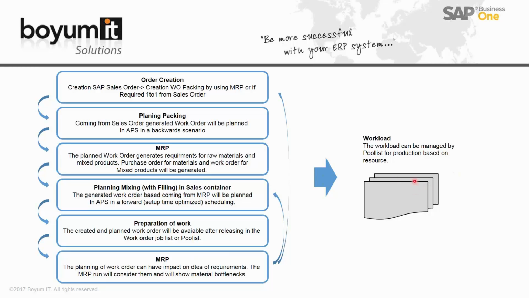As a result, on the right side, you see in your pool list or in your work order list the planned released work order for mixing and filling, and of course later for the packing. This is an idea of discussing and generating some planning scenarios.